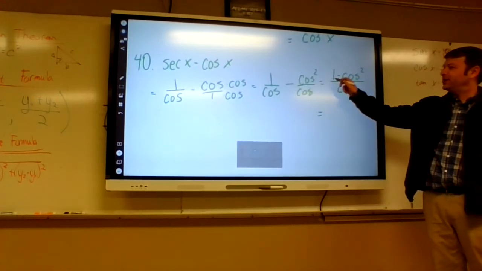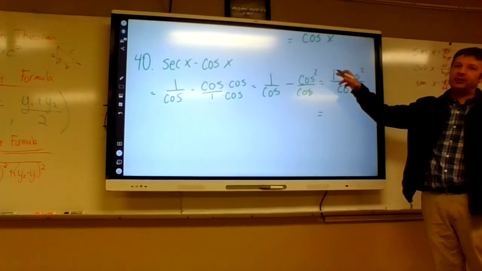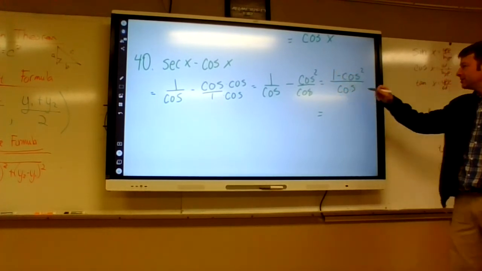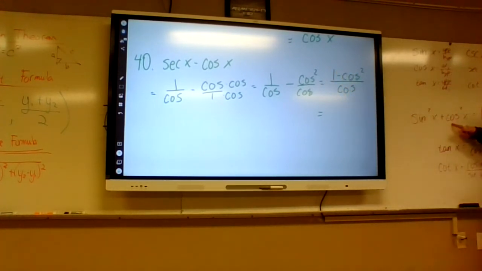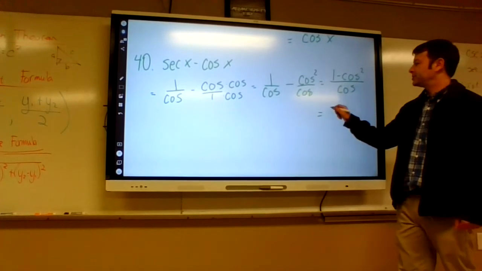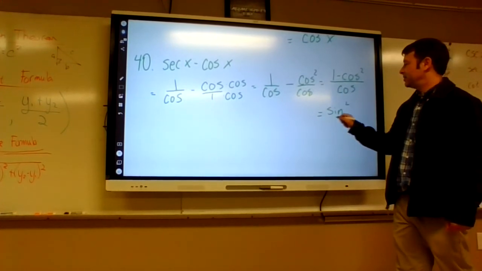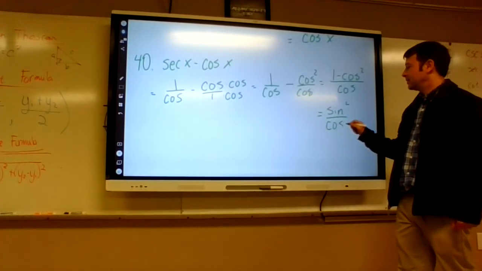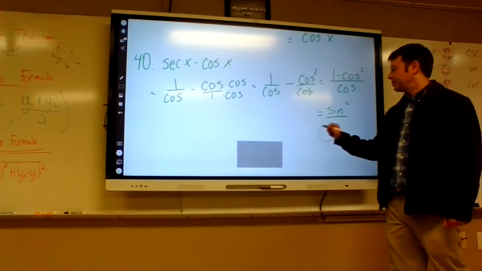This right here, 1 minus cosine squared, should ring a little bell because we just talked about something like that. What's 1 minus cosine squared equal to? Sine squared. So this becomes sine squared over cosine, which is not quite what we were going for.